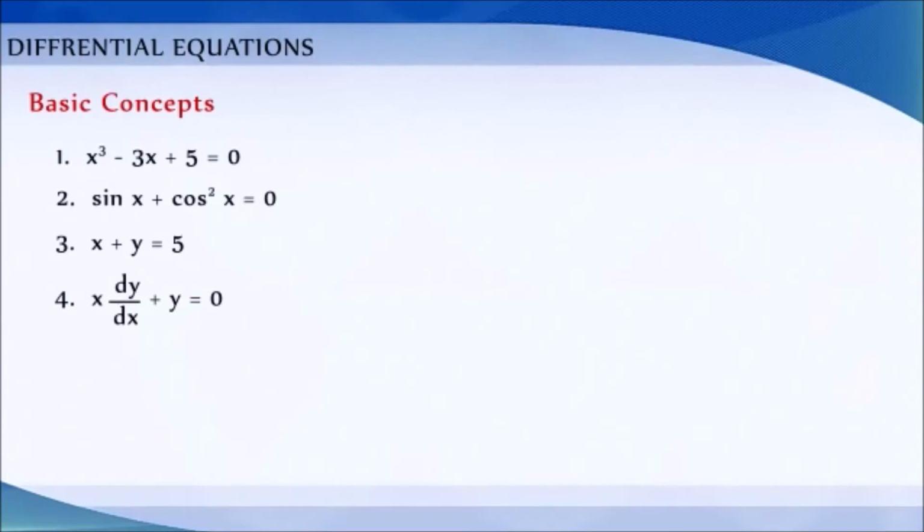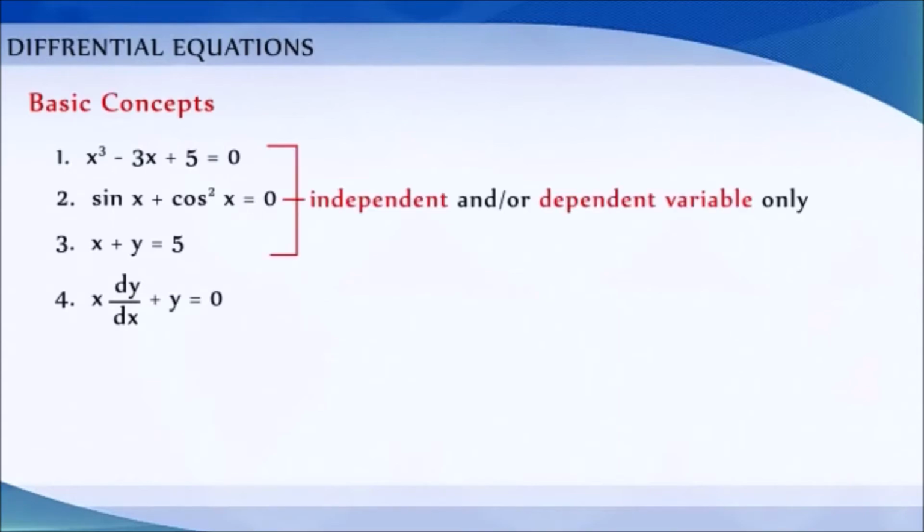Basic concepts. Consider the following equations. x cube minus 3x plus 5 is equal to 0. Sin x plus cos square x is equal to 0. x plus y is equal to 5. And x into dy by dx plus y is equal to 0. In these given examples, the first three equations involve independent and dependent variables only.